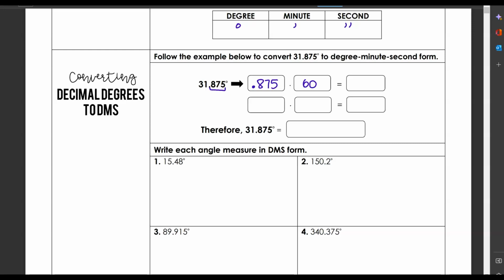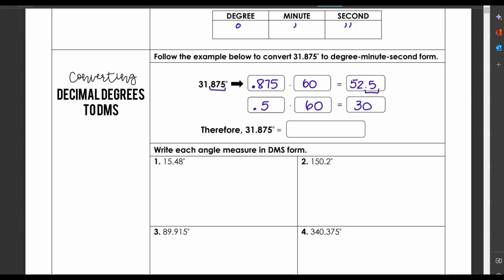We put this into our handy dandy calculators, and we end up with 52.5. Well, let's go ahead and get rid of the 0.5. So we're going to multiply 0.5 by 60. When you take that 0.5 and multiply it by 60, we end up with 30.